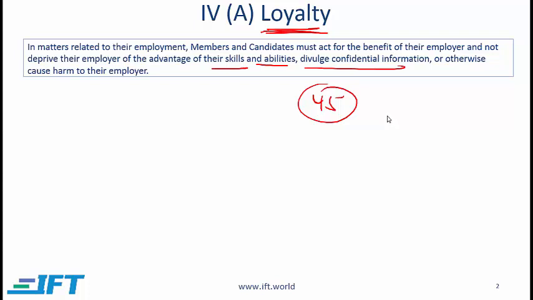Loyalty, however, doesn't mean that in all matters the interest of the employer comes first. And I'm going to quote from the curriculum here. This standard does not mean that there is a blanket requirement to place the employer interest ahead of your own interests in all matters.